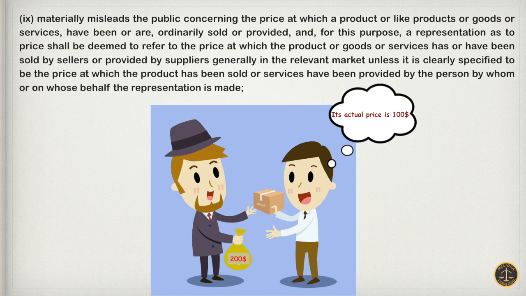For this purpose, a representation as to price shall be deemed to refer to the price at which the product or goods or services has or have been sold by sellers or provided by suppliers, generally in the relevant market, unless it is clearly specified to be the price at which the product has been sold or services have been provided by the person by whom or on whose behalf the representation is made.